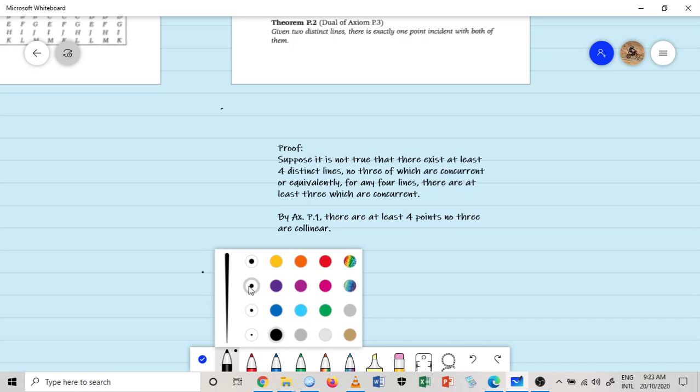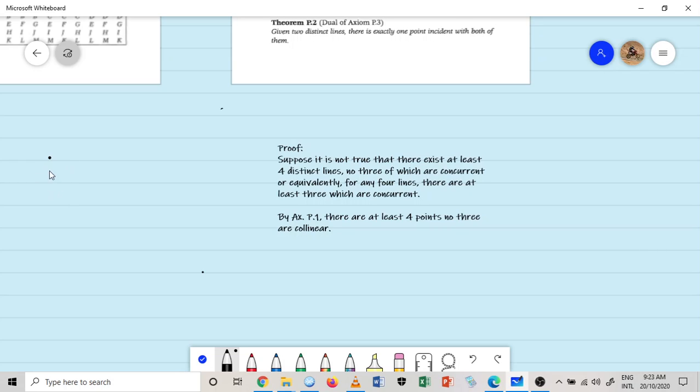So again we have 4 points here just to help us think. These are points P1, P2, P3, and P4. Let us just include the names of the points in our formal proof.